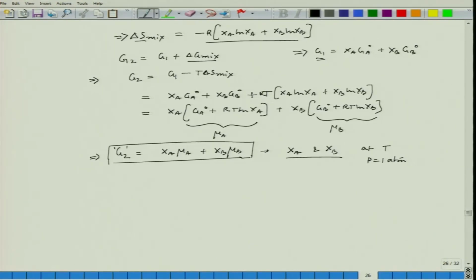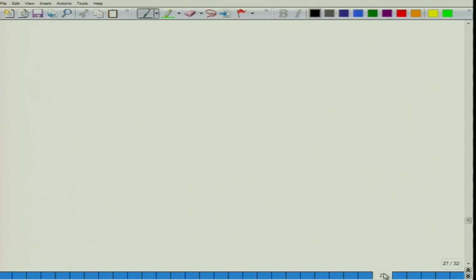Now, if I try to see this, let me again rewrite those equation. G 2 equal to x a mu a plus x b mu b, G 1 equal to x a G a 0 plus x b G b 0, and del S mix equal to minus R x a ln x a plus x b ln x b.